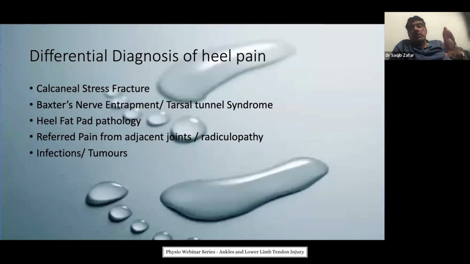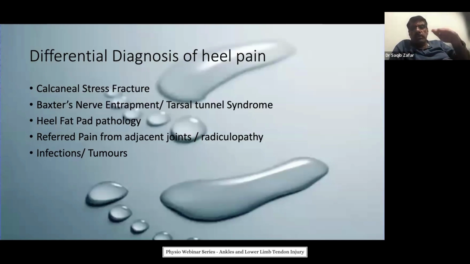And last but not least, infections and tumors can also occur, like sarcomas, the synovial sarcoma, which is one of the commonest foot and ankle tumors, and they can present with this, and there could be a delay in diagnosis if you're treating plantar fasciitis.